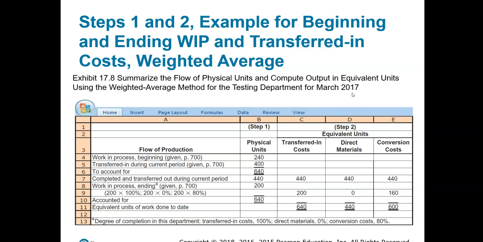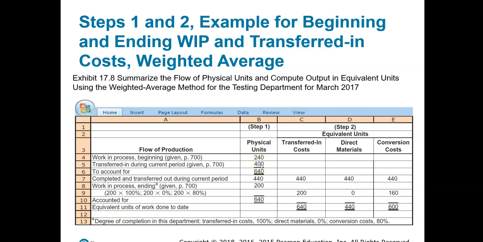So step 1, we're still going to account for all the physical units. We're going to figure out how much to account for, and then we're going to actually account for all of them. It's going to be a little bit different here. We're going to start with our beginning work in process inventory.